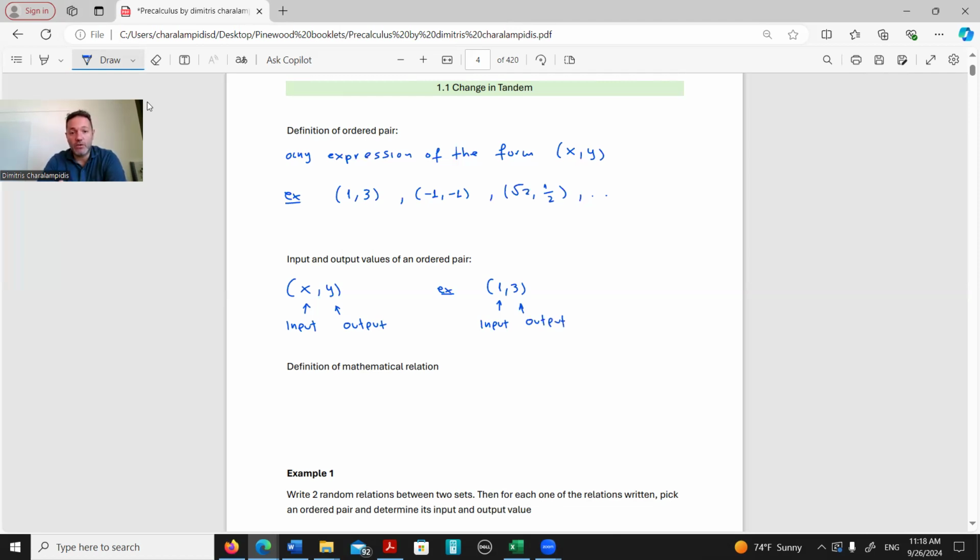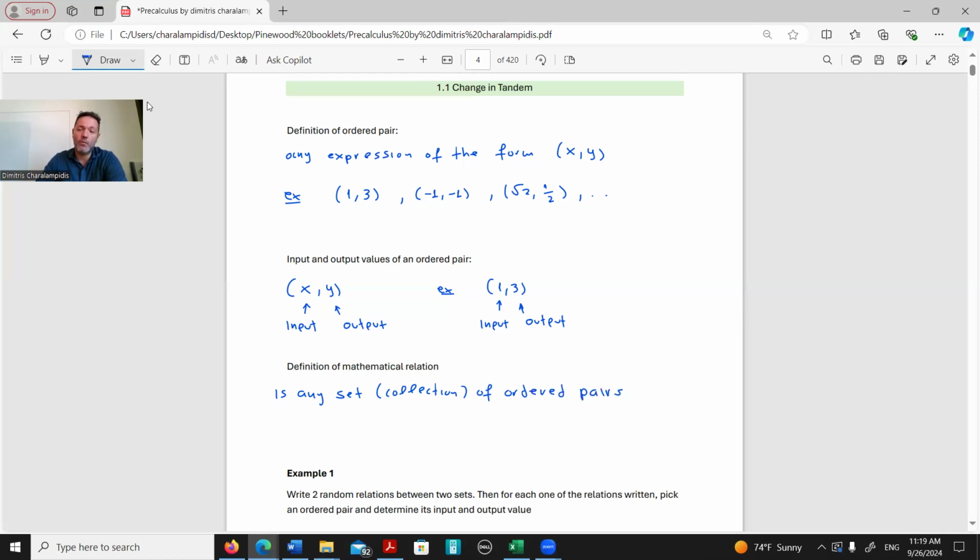Now, by using ordered pairs, we can present an extra definition, which is that of a mathematical relation. A mathematical relation is any set, and by set we mean any collection of ordered pairs.